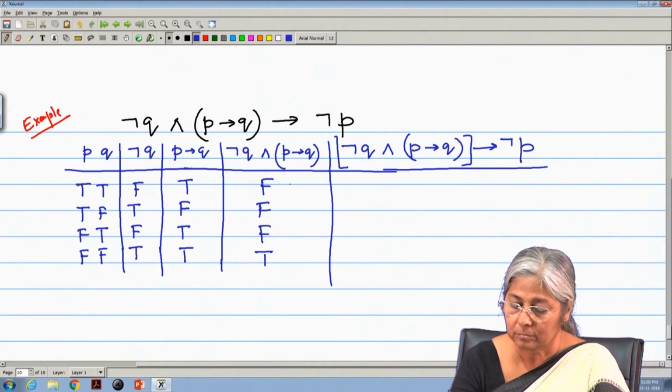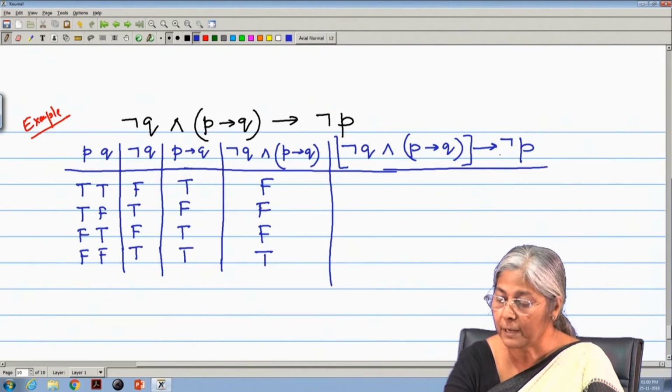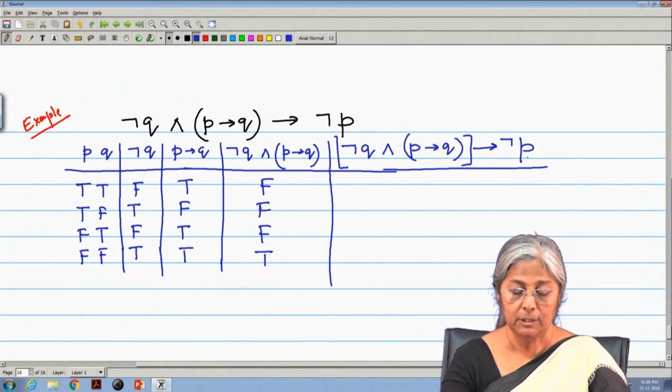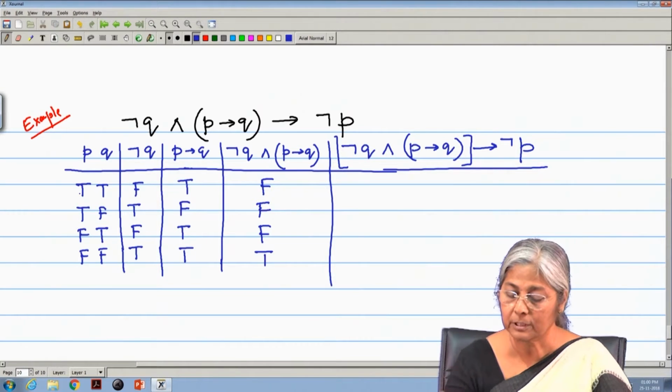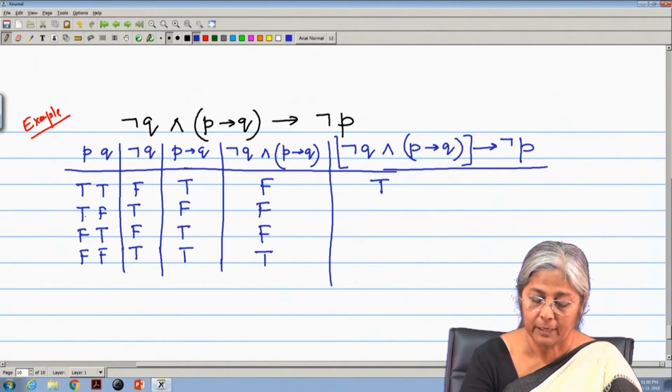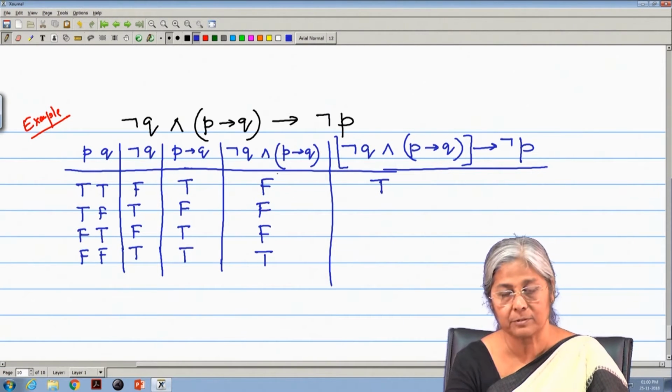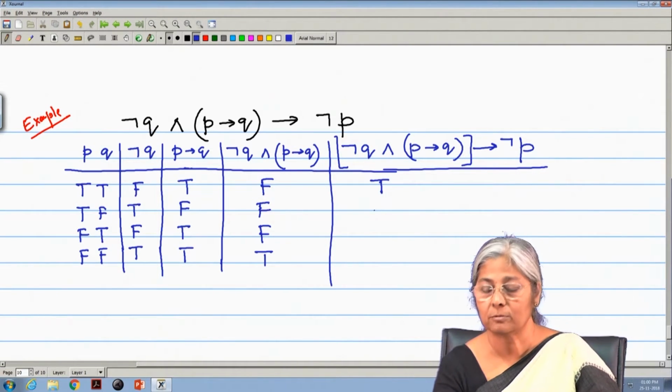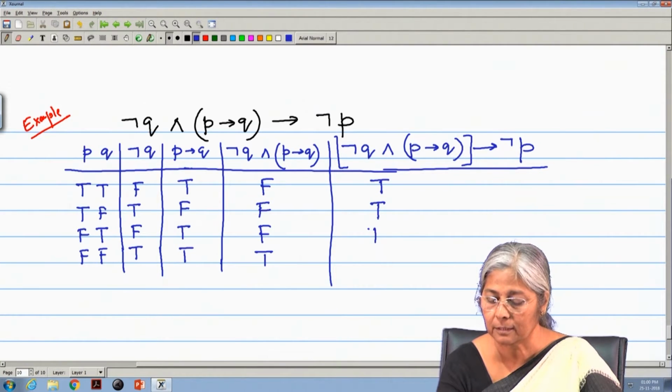Now, this implies negation P. So, negation P is T. So, negation P is F. So, F F it is T. Again F. So, all 3 F's directly I can write vacuously true, directly I can write true.